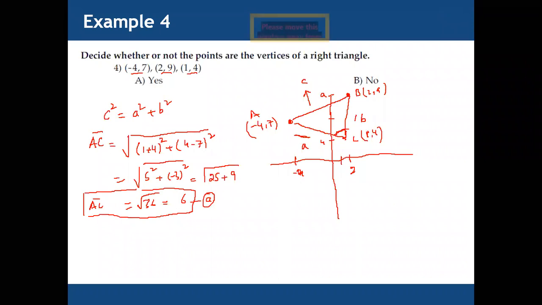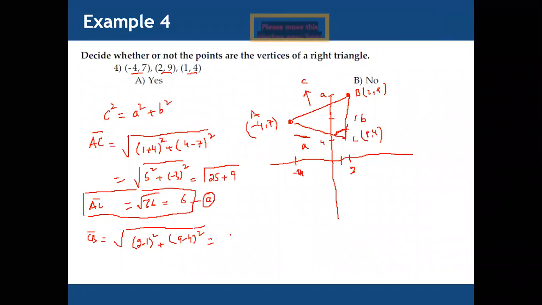Now to find this distance C to B, so find out CB distance. Same, we use distance formula. Take B point x2, y2, and 1, 4 is x1, y1. So 2 minus 1 whole square and 9 minus 4 whole square.